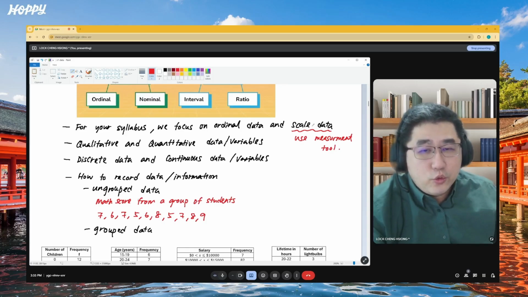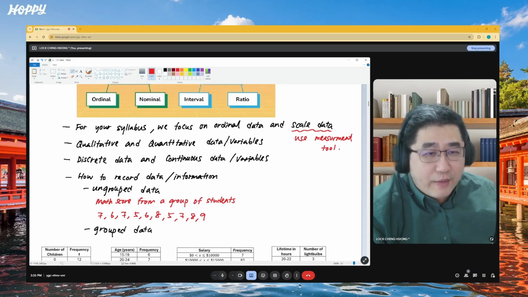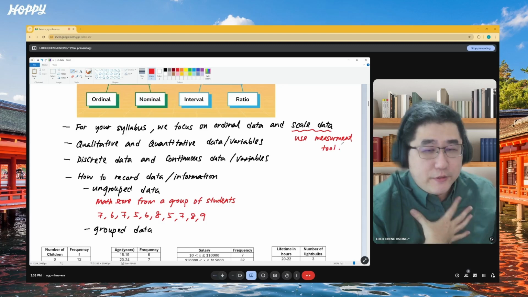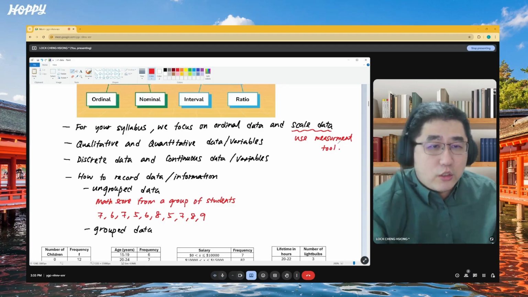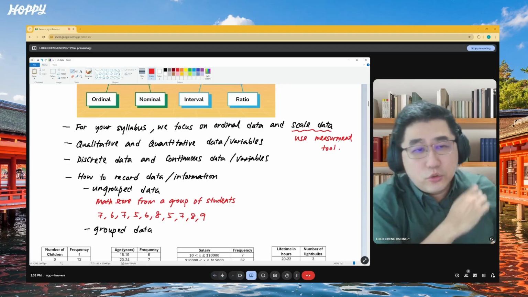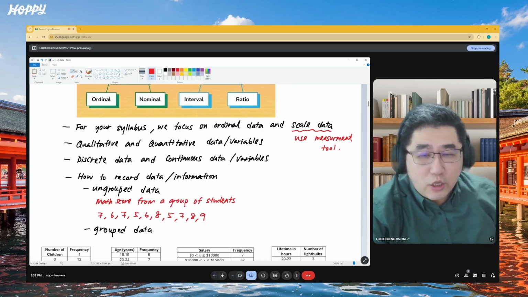Or you use scale data, where you capture the value by using a certain tool. For example, a person's weight, we have to use a weighing scale to measure it, then only you know the value. The person's height, you need to use a ruler or measuring tape in order to measure, then only you can get the value.